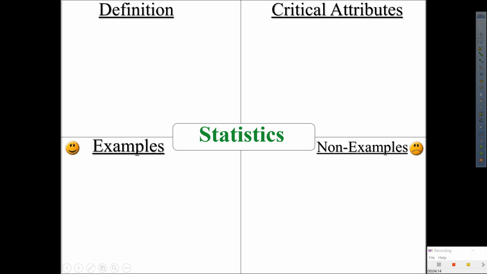Yes, the science of collecting, summarizing, analyzing data, but what is the key word at the end? Concluding, conclusions. You need to come up with conclusions at the end. Last call on those laptops, Chromebooks, so I'm going to take them away, and put your pods away, please. Y'all ready?